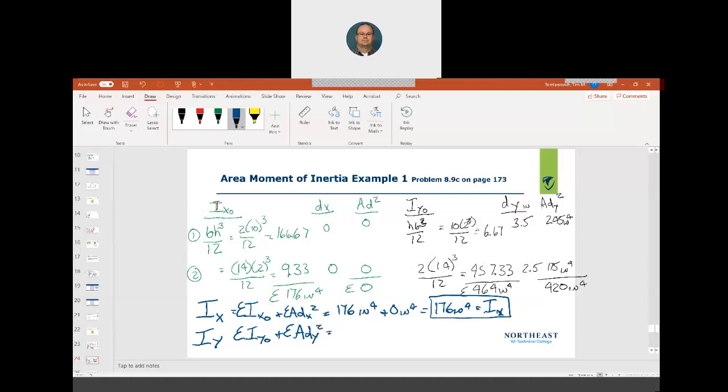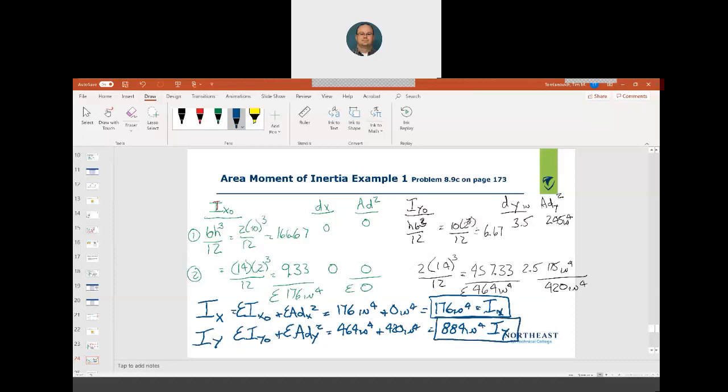Here is 464, the sum of the individual component moments of inertia, plus my distance term, 420 inches to the fourth. 464 plus 420 equals 884 inches to the fourth.